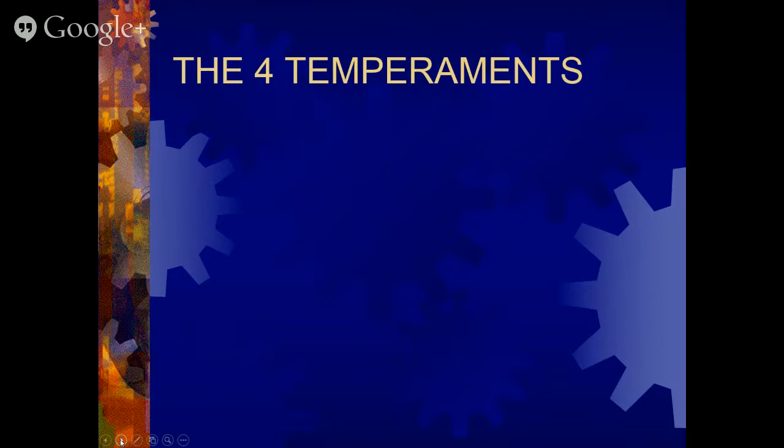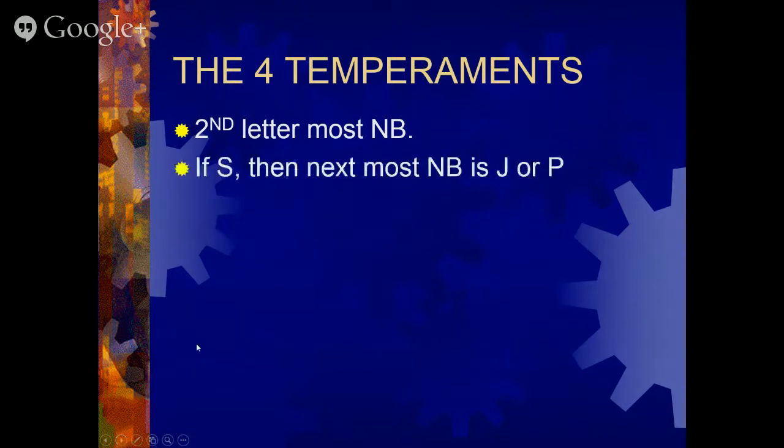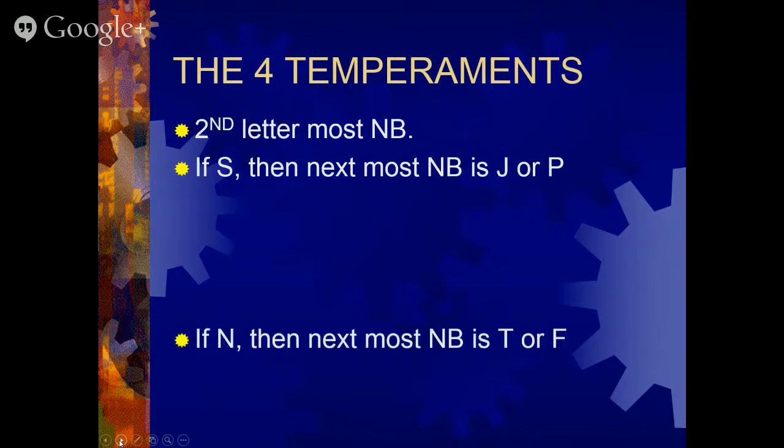Then we come to 4 temperaments that will come out of that. The second letter of the 4 is the most important, the S or the N. If it is an S, then the next most important is the last one, the J or the P. Are you a person who judges or a person who perceives?